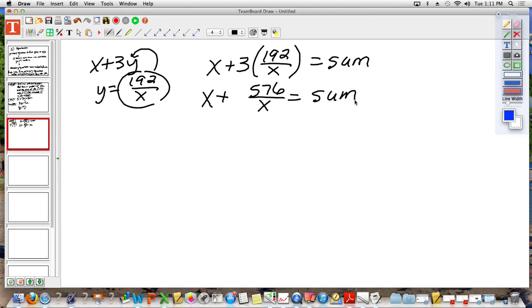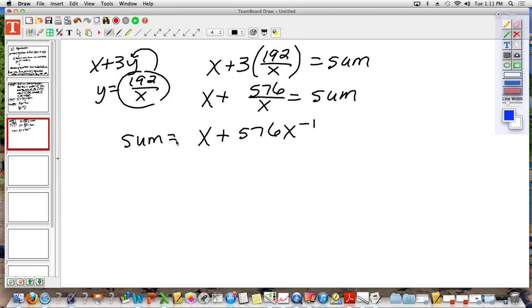I know I'm gonna find the derivative, because that's what we do in here. I gotta rewrite this. So I'm gonna make this x plus 576x to the negative 1 power. Are you okay with that? Mm-hmm. I'm gonna move my sum over here too. Sum equals x plus 576x to the negative 1 power.